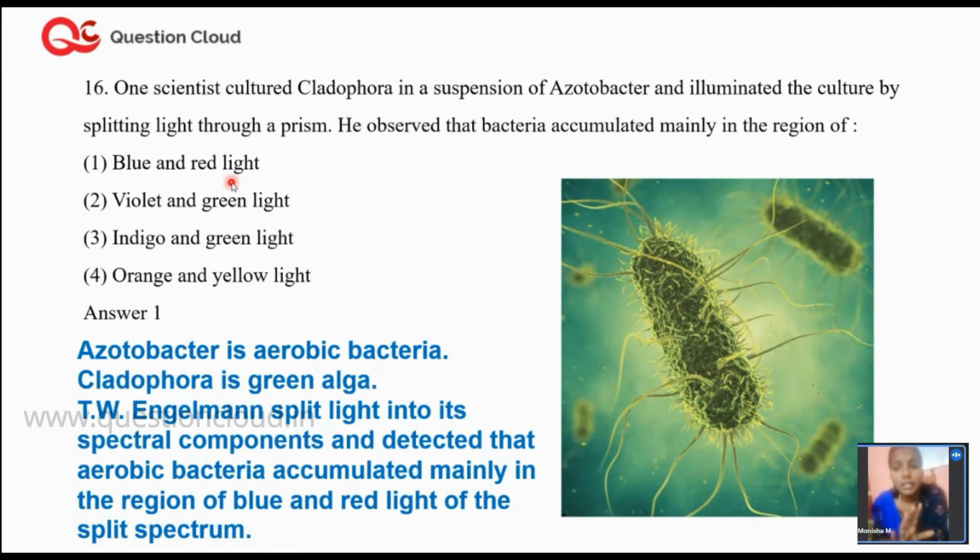This question has nothing to do with Cladophora. It is given just to trick you. So Acetobacter is a specialized bacteria which is capable of emitting blue and red light.